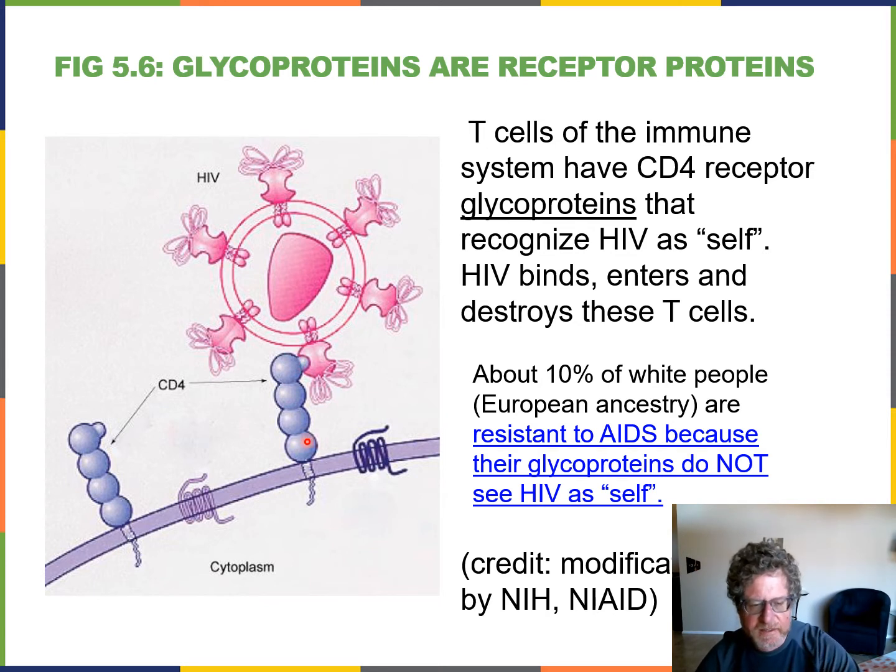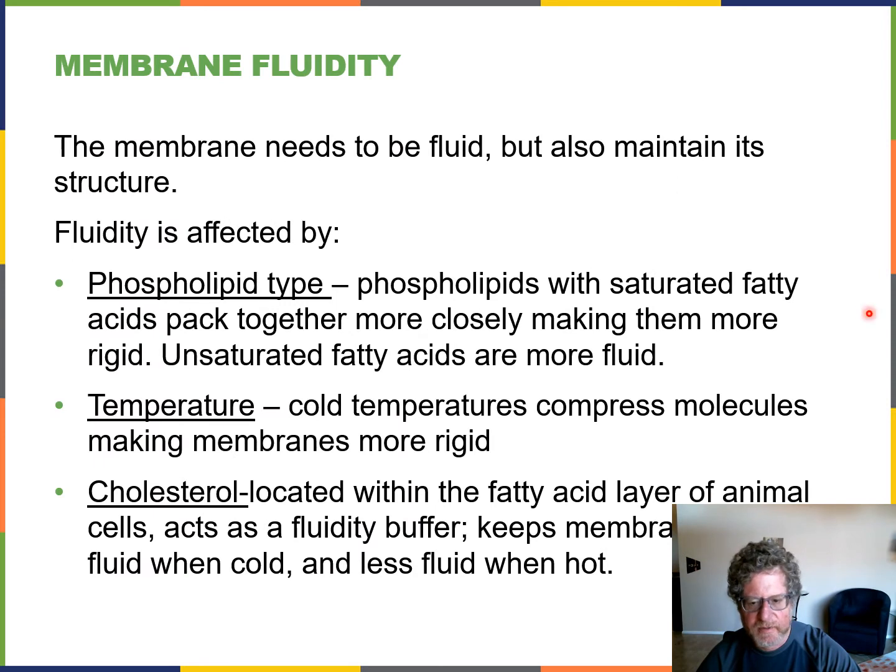This may have been something selected for thousands of years ago by a different plague, some other disease, and it seems to confer resistance to AIDS. So sometimes we have traces of our ancestry within our DNA. Some of them are obvious, and some of them are things that we can't really see, but they're there under certain circumstances.